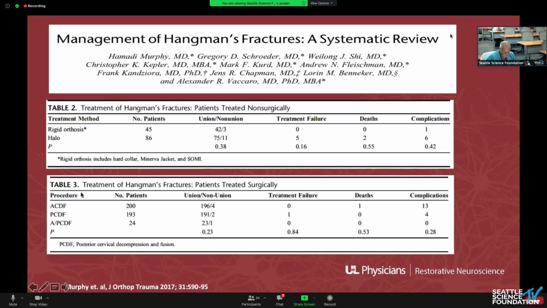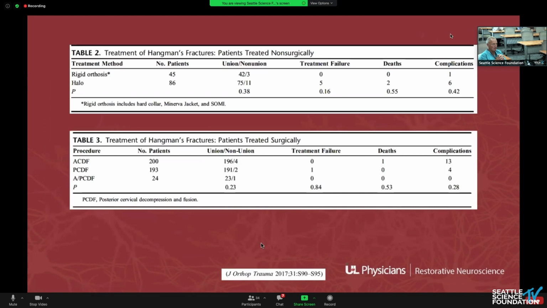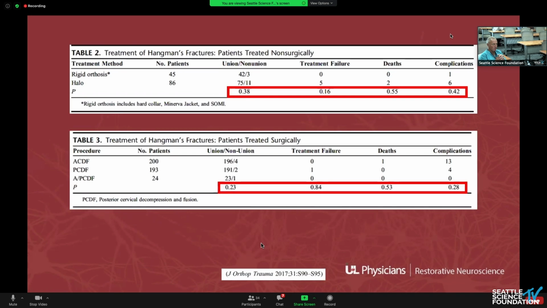In table 3, they compared the ACDF and the posterior approach. If you look at the p-values on the 4th row, there is no difference in the surgical outcomes, deaths or complications between the posterior or the anterior approach.